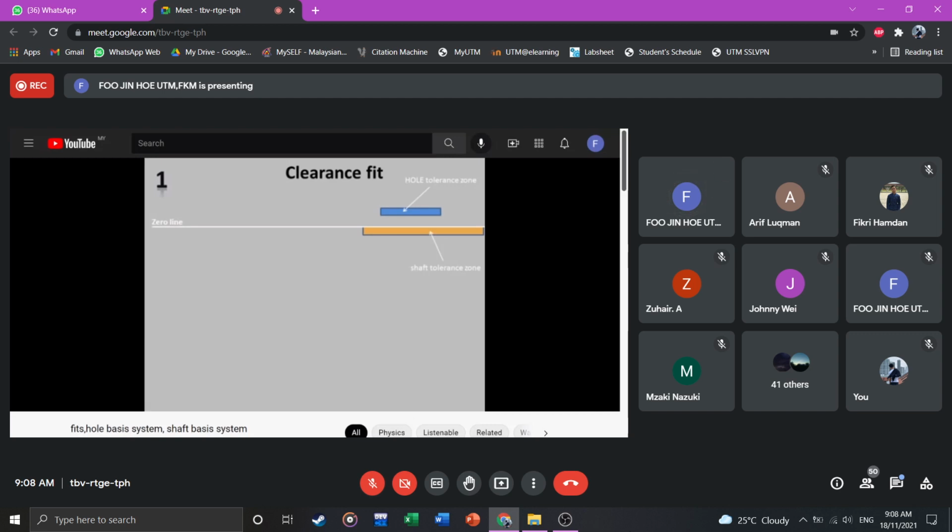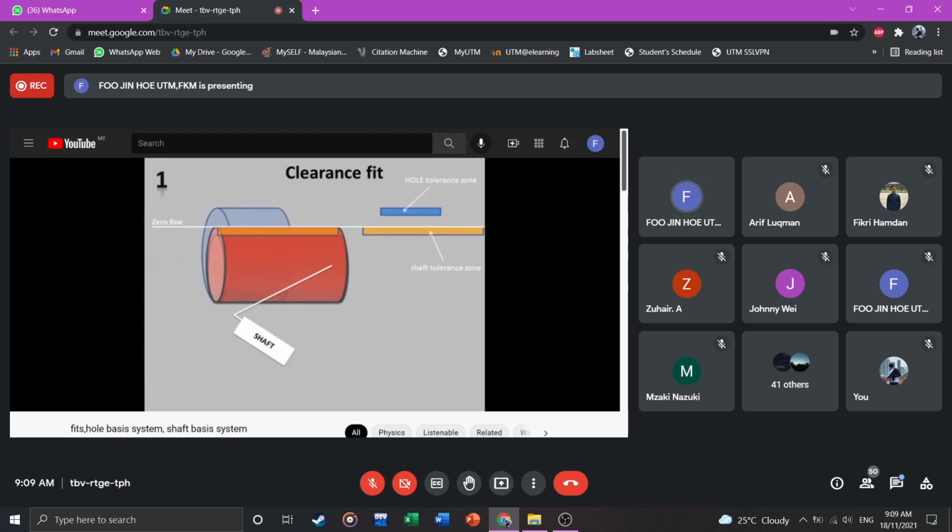On screen, you are watching an example of clearance fit, where the tolerance zone of the hole and the tolerance zone of the shaft are shown with respect to the zero line. In clearance fit, the upper limit of the shaft must be less than the lower limit of the hole. This is the upper limit of shaft, lower limit of shaft, and tolerance zone of shaft.